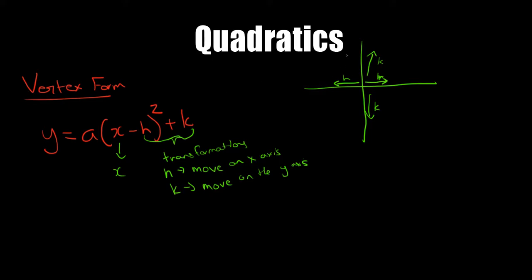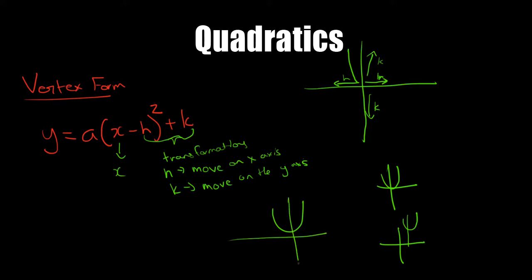So in previous videos we discussed a quadratic around the origin. Now vertex form lets us describe graphs that are not at the origin, like over here, or over here. You can describe this using vertex form, okay?